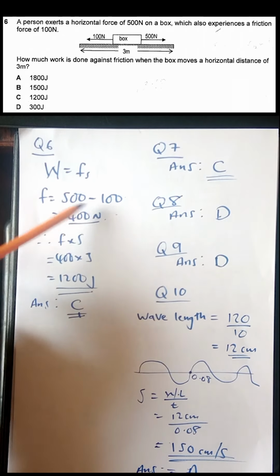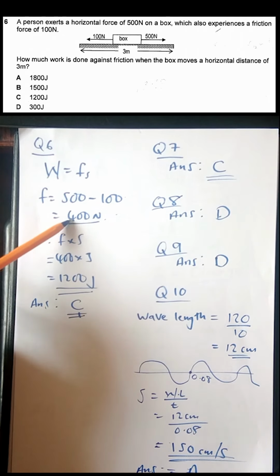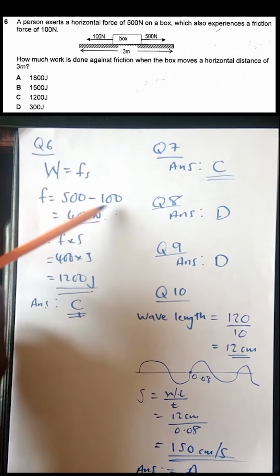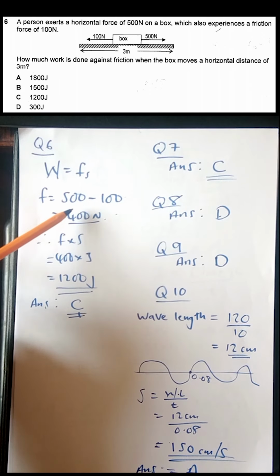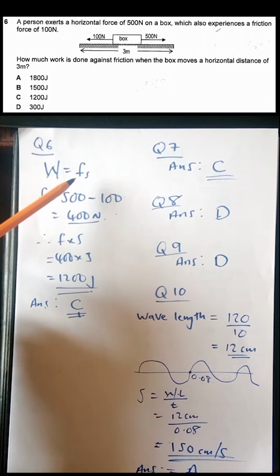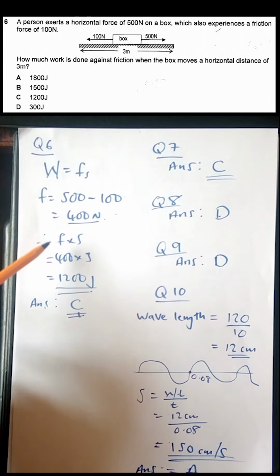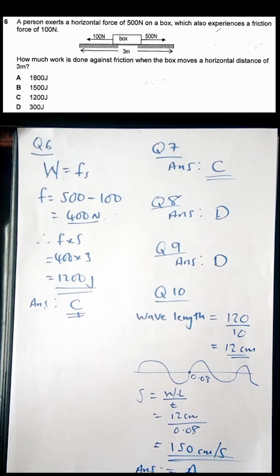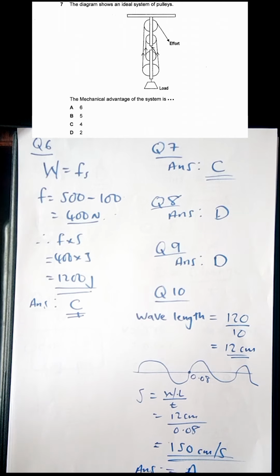So the force which did work was 400 newtons because the 100 newtons was the friction force which was lost. Now, the 400 newtons was the resultant force. Replacing the 400 in the formula, you have force times distance. 400 is the force, then the distance is 3. You multiply 3 by 400, you are getting 1200 joules. And that answer, we find it on option C. So that's the answer there, option C.